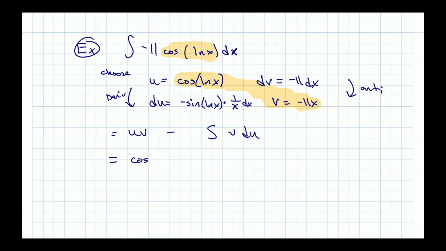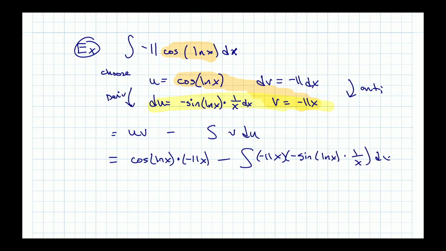So it's cosine ln x times negative 11x minus the integral v du, which are these two. So v du is negative 11x times negative sine ln x times 1 over x dx.